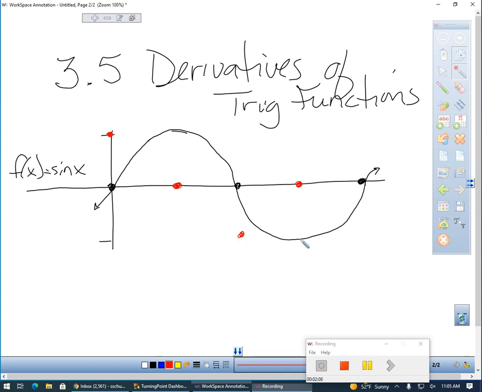And then from our minimum back up, our slope is positive again. So it's up there. Now look at this curve. To represent this, here is the slope curve of sine. It is cosine, exactly. So the derivative, f prime of x of sine x, is cosine x.